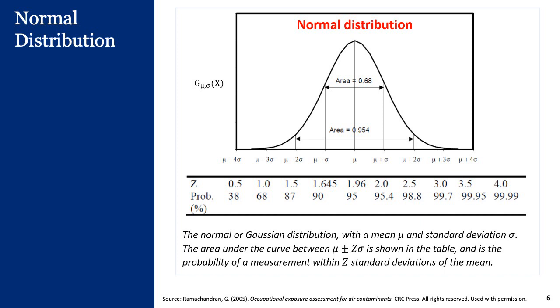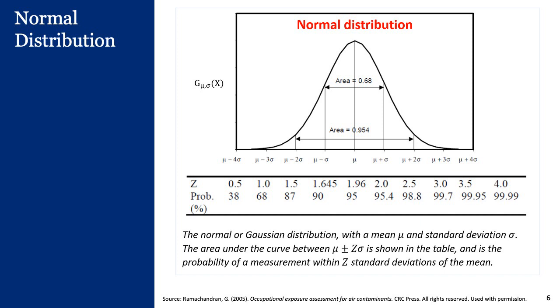The next important feature to remember is that if you consider an area under the curve within one standard deviation in the plus and minus directions. So if you look at the area under the curve between mu minus sigma to mu plus sigma, that is 68% of the total area under the normal distribution curve.